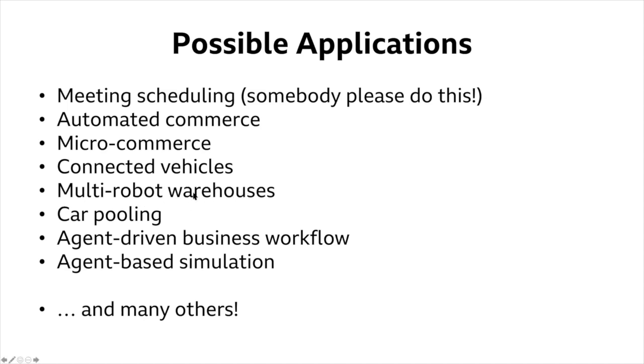Multi-robot warehouses in exactly the cases that I've talked about. Carpooling: you've got a bunch of people on a street, some of whom need to visit, let's say, the supermarket at a particular time. They don't all need to take their cars. So how can you negotiate to decide who should take their car on a week-by-week basis?